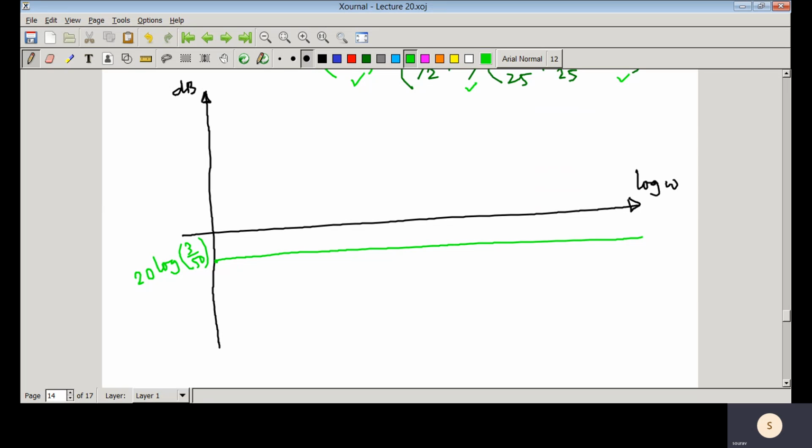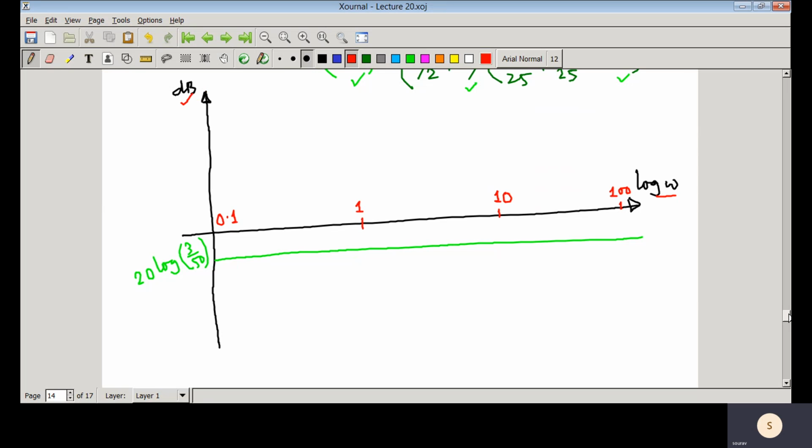So this is that value, and the frequencies are 1, this is 10, this is 100. Mind that we are now plotting in omega scale, not in normalized or scaling form, and here it is in dB.